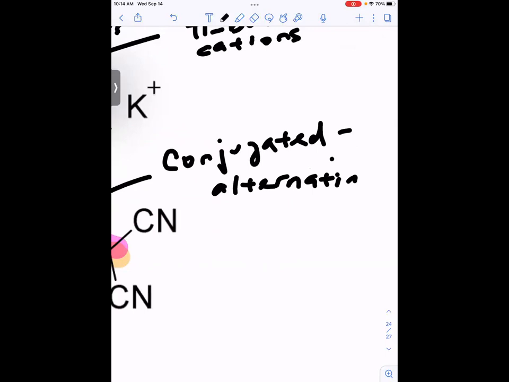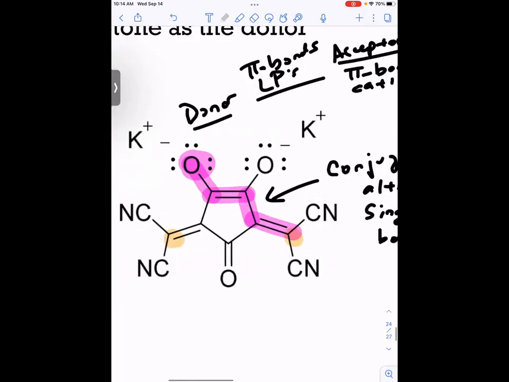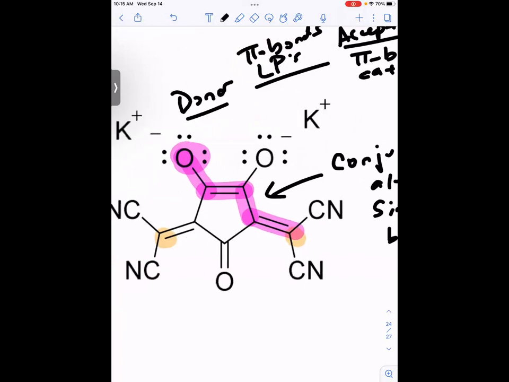So the temptation would be to put the pair of electrons on this carbon right here. Right, but we're not going to be able to do that because that carbon has an oxygen on it with a negative charge, and that is not going to be stable, right? But because it's conjugated, we can do something else.